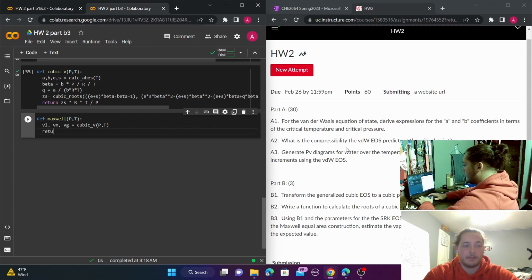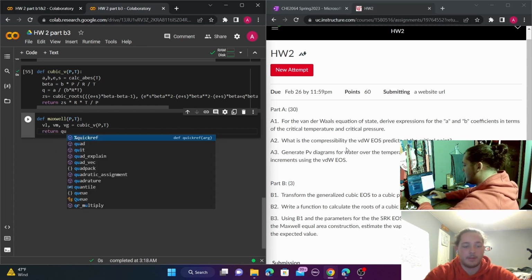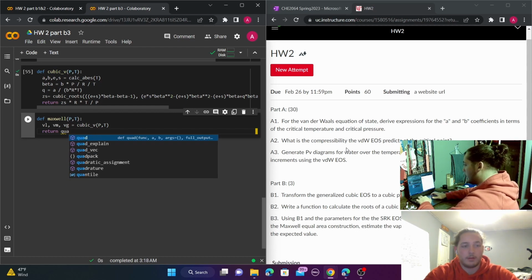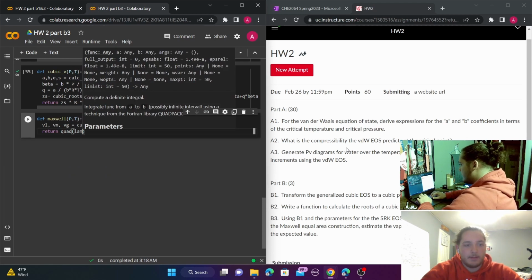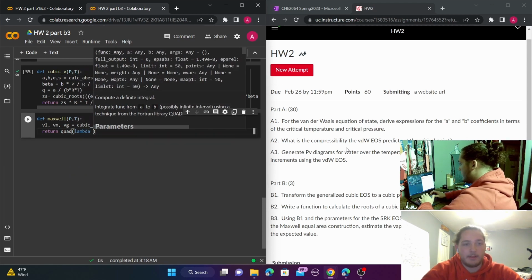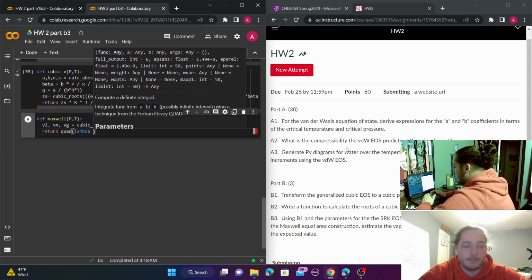So we can return, and here we are going to use our quad function. Quad. And then we do lambda to evaluate the integral of the functions that we are looking at.